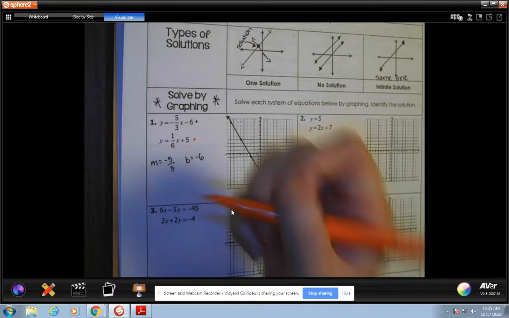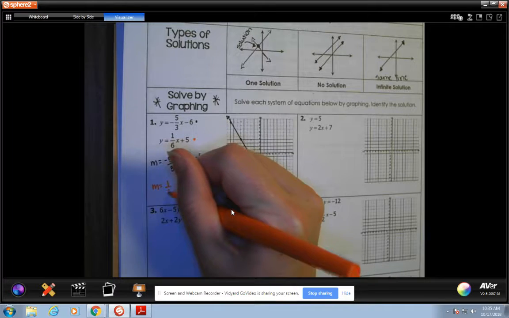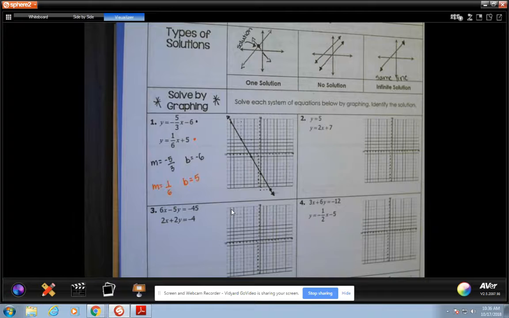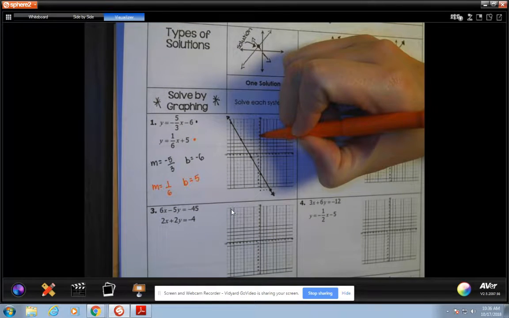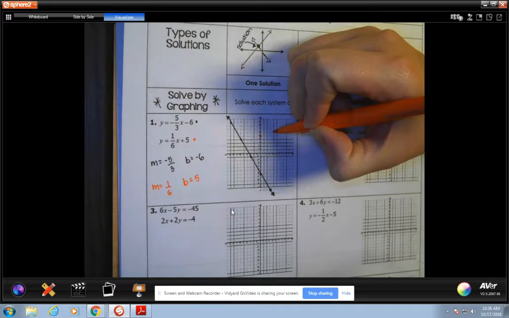Now the second line: my slope is 1/6, and my b is +5. I'm starting with my b, which is +5, going up to 5, and then using our slope 1/6. So we're rising 1 and going to the right 6: 1, 2, 3, 4, 5, 6.